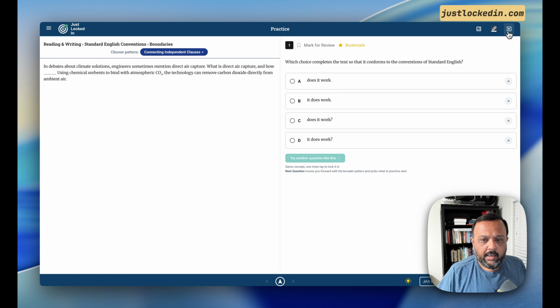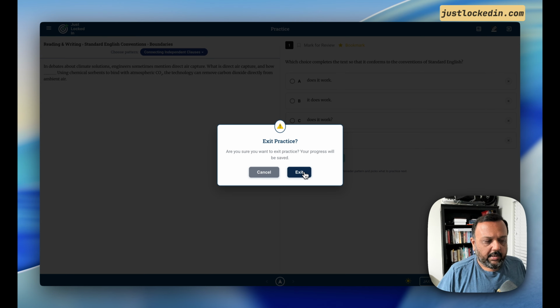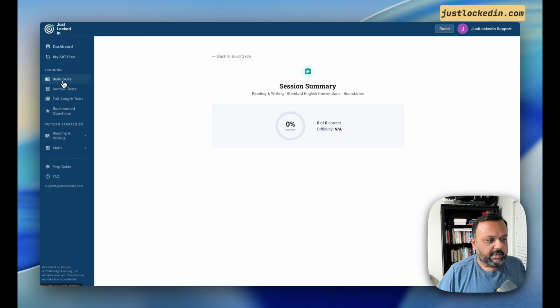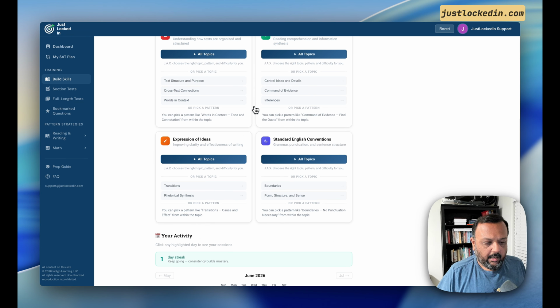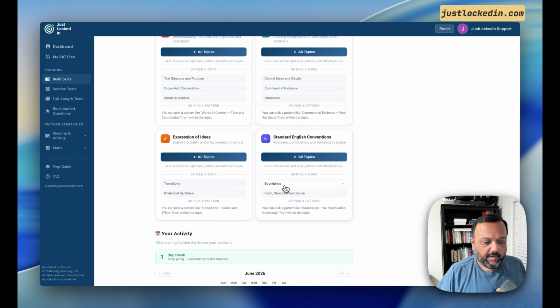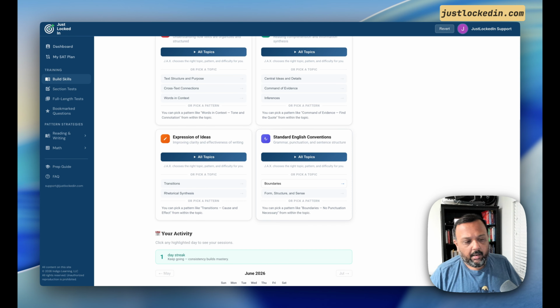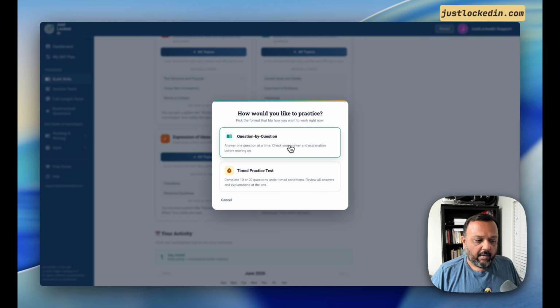All right, so the other thing you can do is go to build skills and go to standard English conventions, boundaries. Boundaries is a bigger topic, and connecting independent clauses is one of the patterns within boundaries, right? So you can go to boundaries, and you have a couple of options.